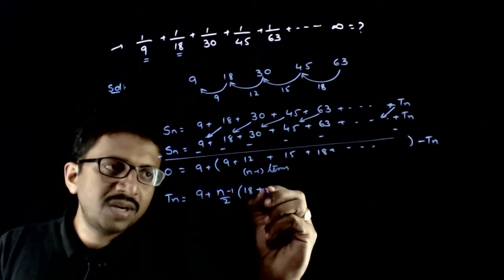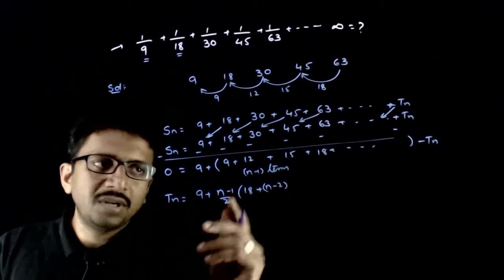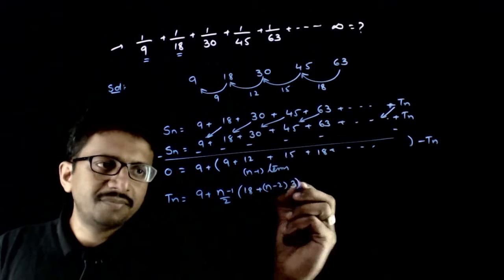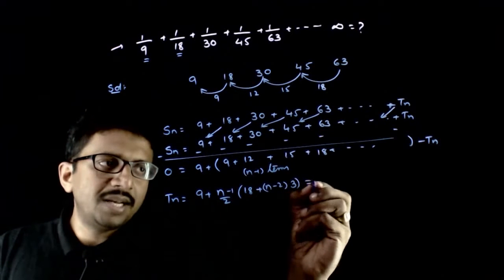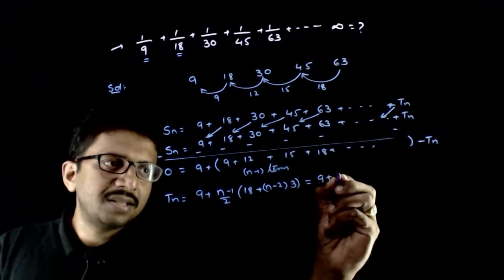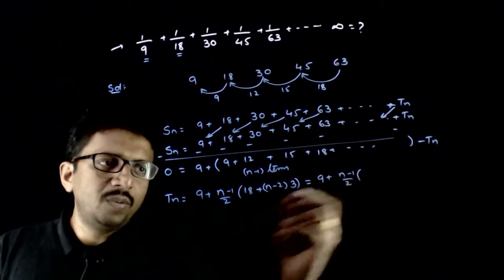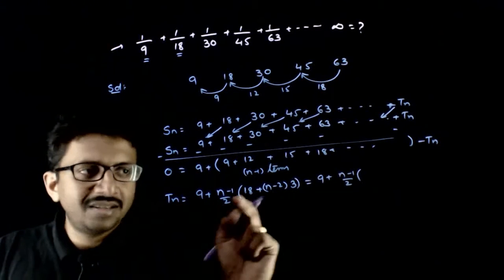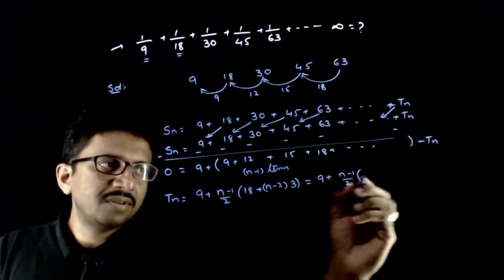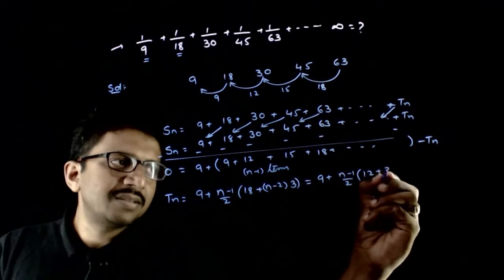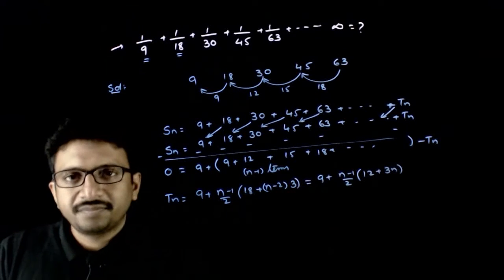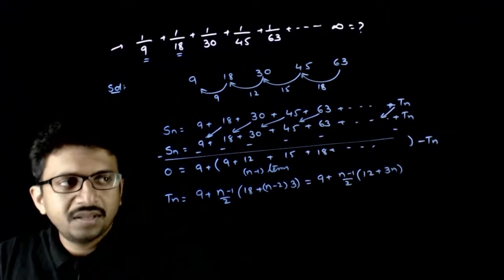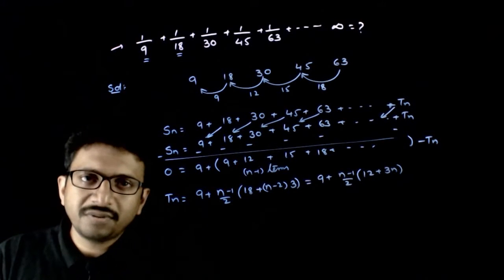There are n minus 1 terms, so 2a is 18, plus n minus 2 into the common difference 3. That is equal to 9 plus n minus 1 by 2 times 18 plus 3n minus 6. So 18 minus 6 is 12, plus 3n, 12 plus 3n. So this is the value of Tn.